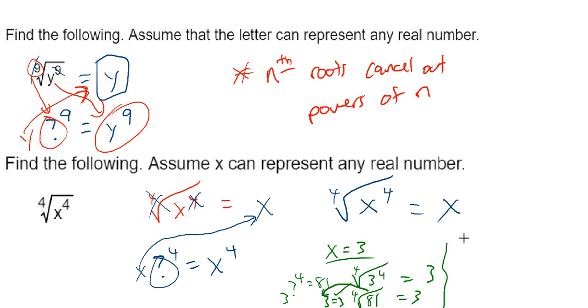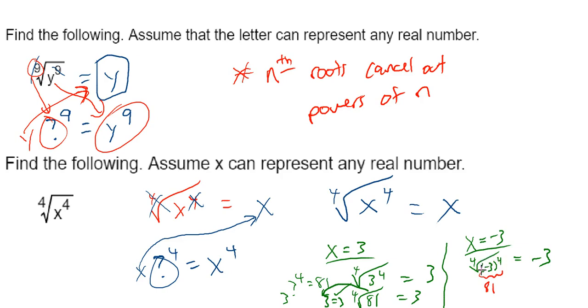But if you try -3, for example, let's plug -3 in here. We'll get the fourth root of -3 to the fourth power equals the right-hand side here will be -3. So when I simplify the left-hand side, the -3 to the fourth power is going to give me positive 81.